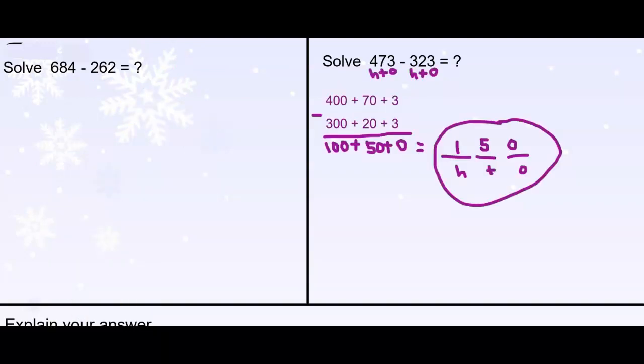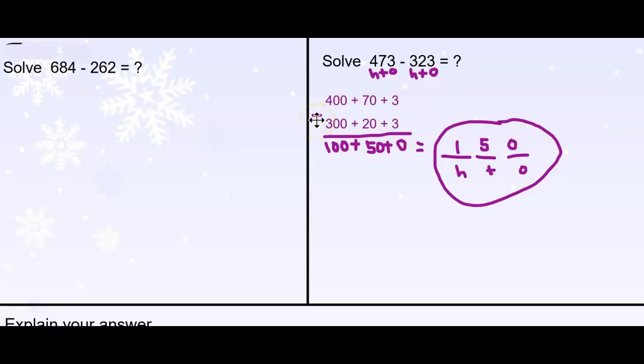Welcome back, boys and girls. Let's check your answer. First, you had to identify your place values of each number so that you can write them in expanded form. So 473 should have turned into 400 plus 70 plus 3, and 323 should have turned into 300 plus 20 plus 3.